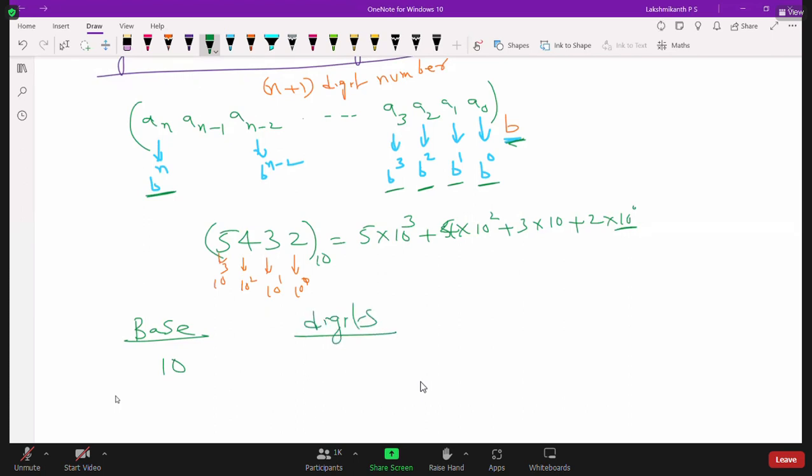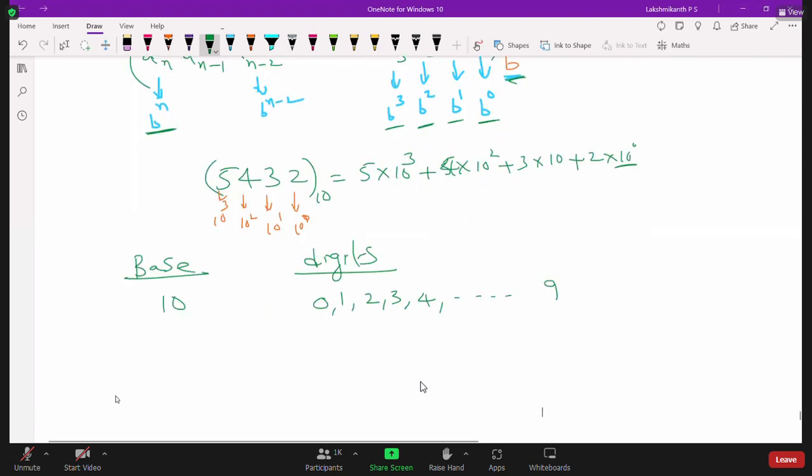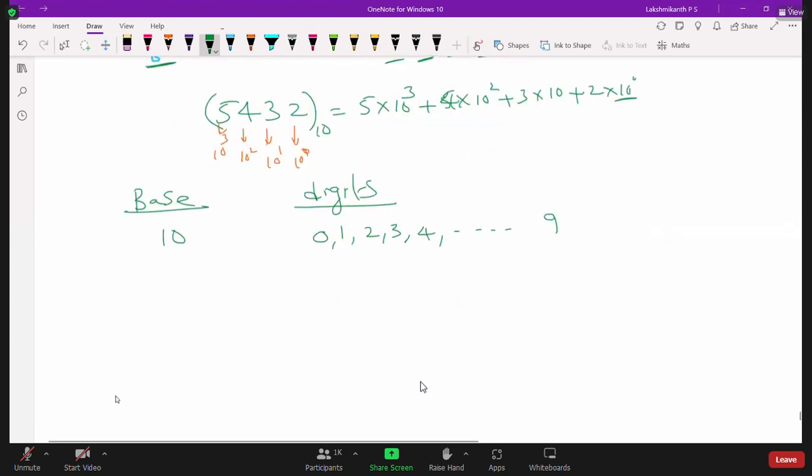The digits are from 0 to 9, because if you divide any number by 10, the remainders are 0, 1, 2, 3, 4, and so on up to 9. Similarly, when the base is 2, you divide any number by 2, and you get digits 0 and 1 only.